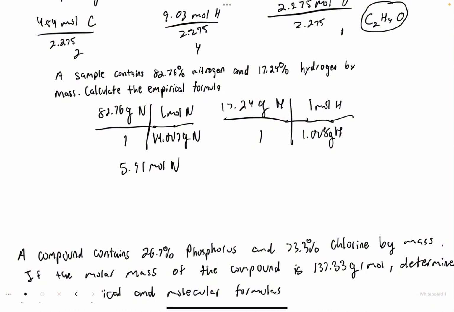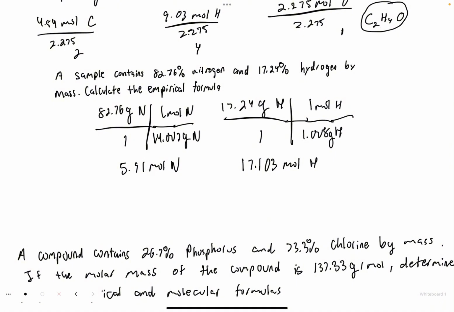And the other one is around 17.24 divided by 1.008. This is going to get me roughly 17.103 moles of hydrogen. So now I just need to see where my lowest number of moles is. So my lowest number of moles is 5.91.